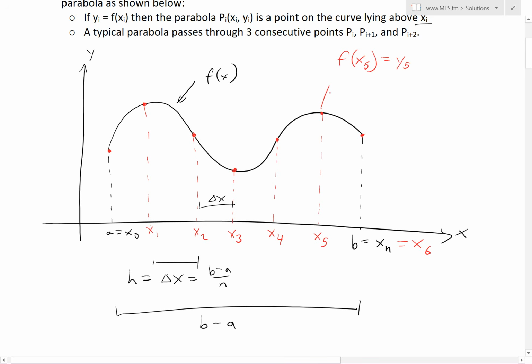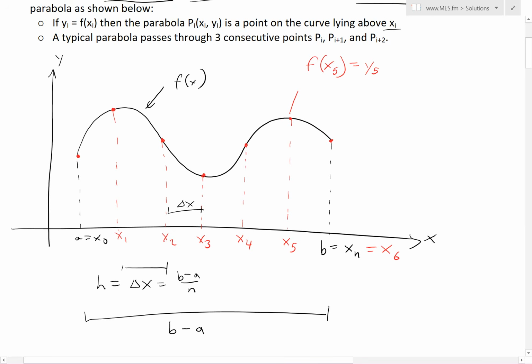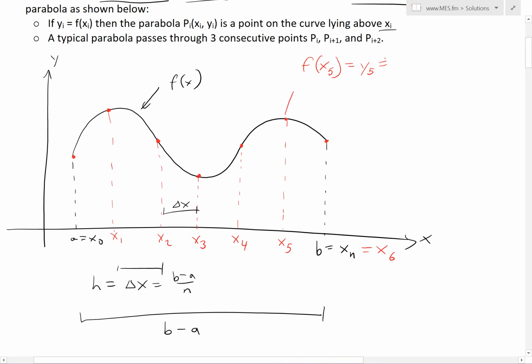At this point, our f of x5 equals y5, and this is also our P5, with coordinates (x5, y5). This is just the notation we're using. At this point here, this is our P6, this is our P4, P3, etc., P2, P1, and this is our P0.